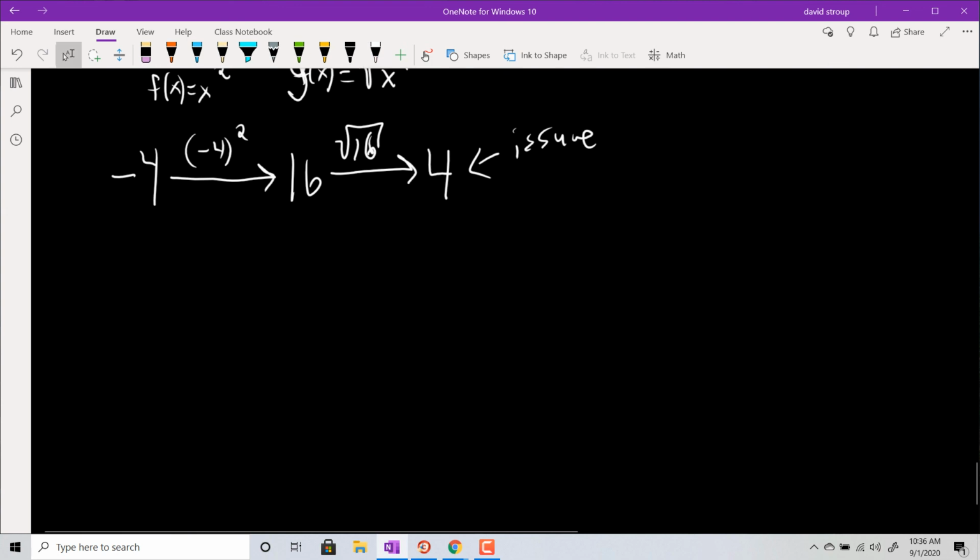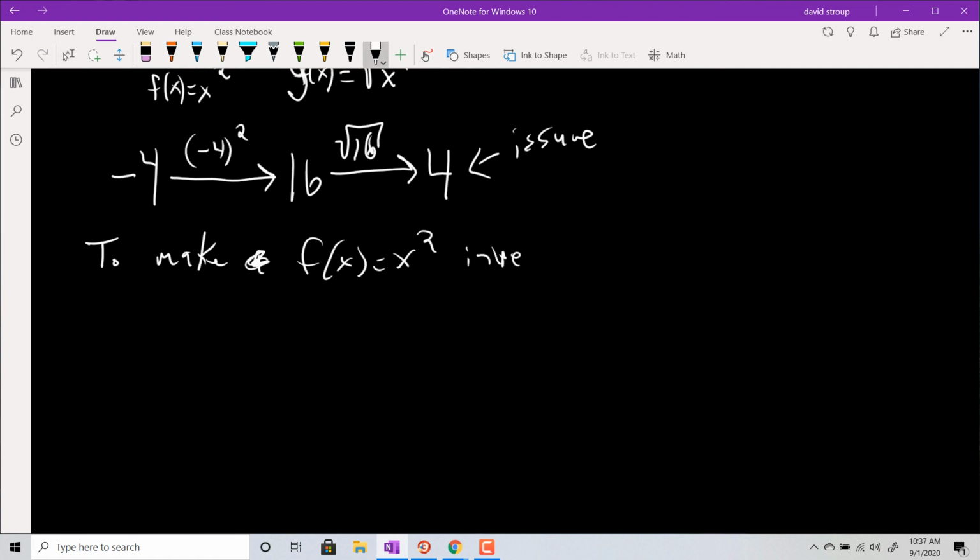Okay, so to make a square function invertible, something like f of x equals x squared, we restrict its domain.